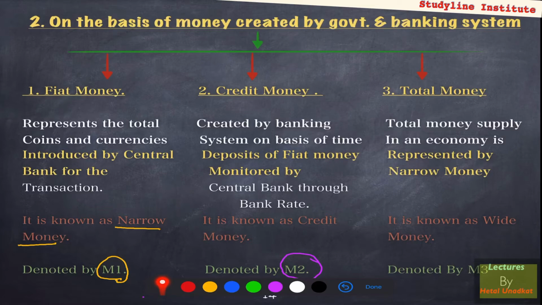That is also known as wide money, denoted by M3. So we have narrow money, credit money, and wide money. Wide money includes both fiat and credit. All we have to understand is that the government gives us money, we use it through the bank, and the total will be our total money.